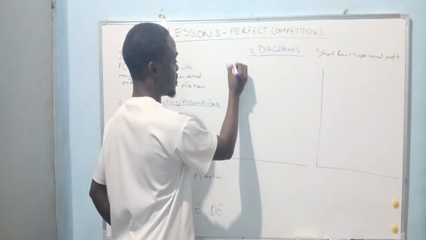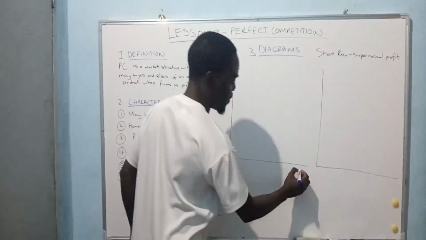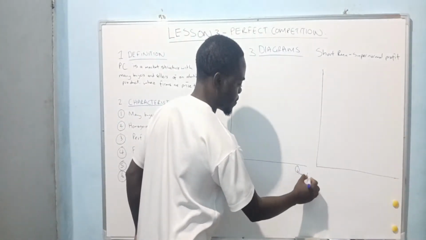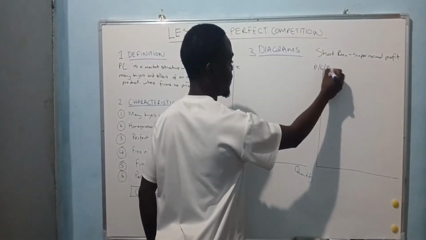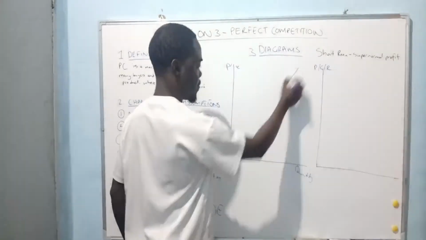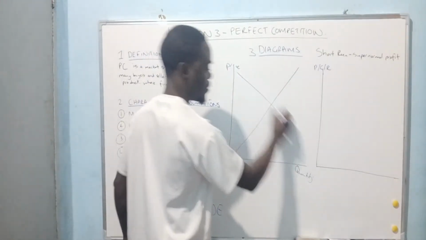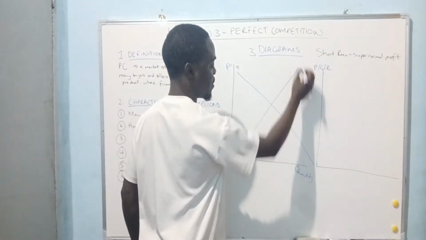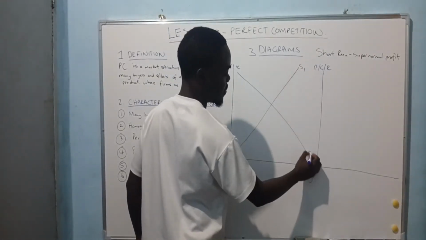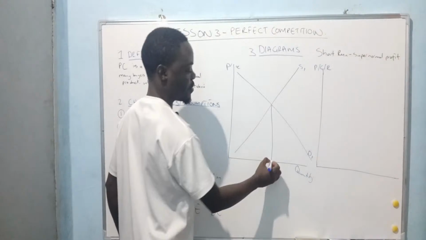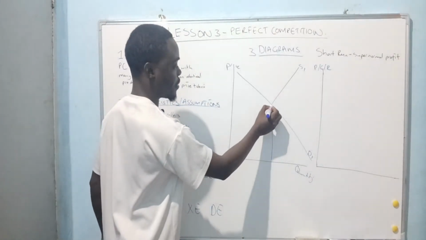So we label price here. Then this is quantity. Then we have price, cost, and revenue. So here we draw the market. They are price takers, they take the price from the market. So this is supply, this is demand. This is the equilibrium, as you can see here.